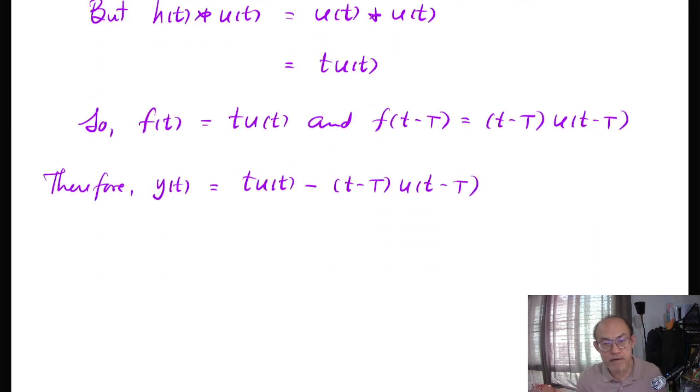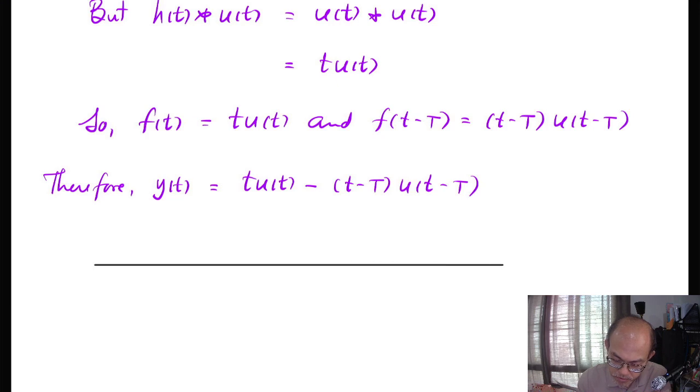Now let's simplify this even further by drawing a real number, a time axis, and then we have 0 and capital T. These two instances were taken from these observations.